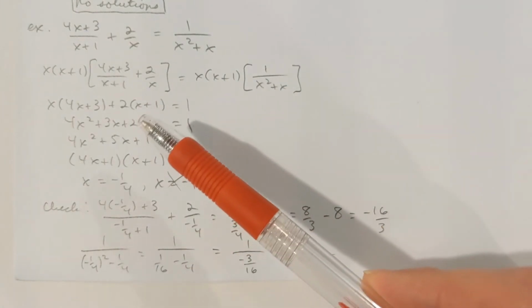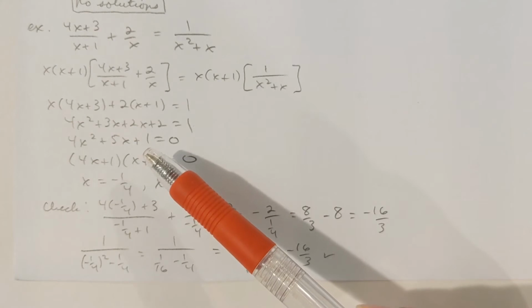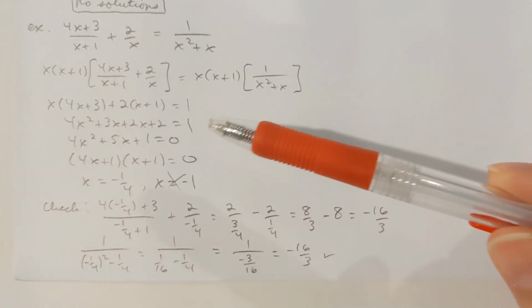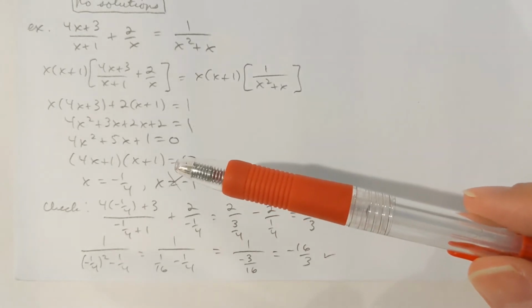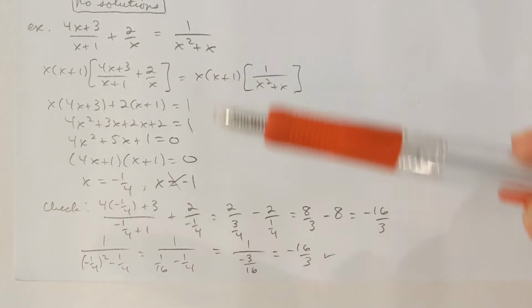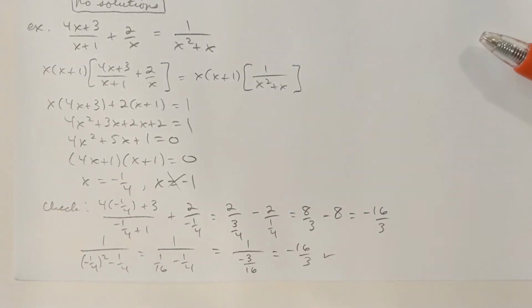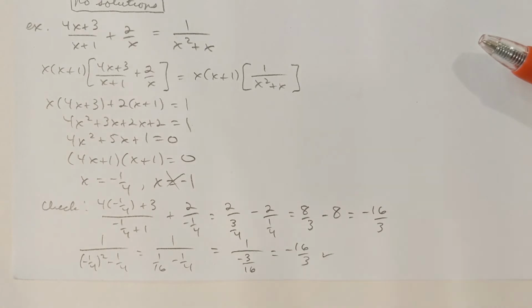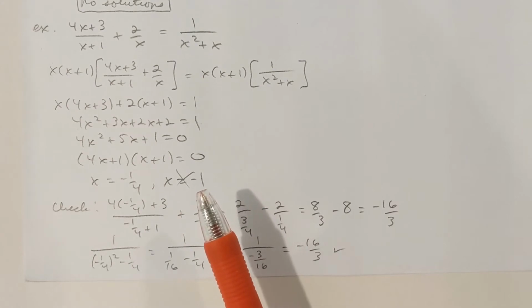Okay, and then when you distribute and get everything onto the left, you'll see that we're looking at a quadratic equation now. And so we're back on more familiar ground here than we were before. This quadratic is going to factor nicely, and when you solve for x, you're getting x equal negative 1/4 or x equal negative 1.